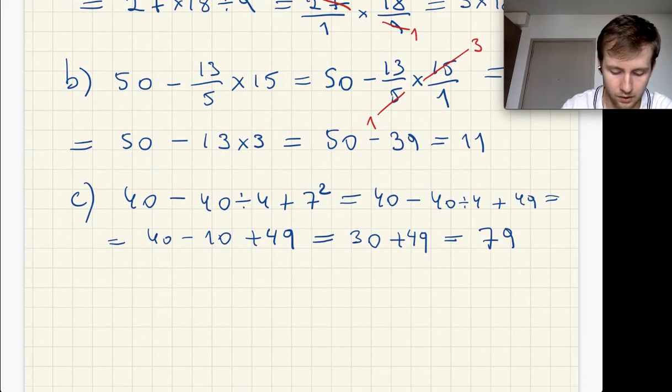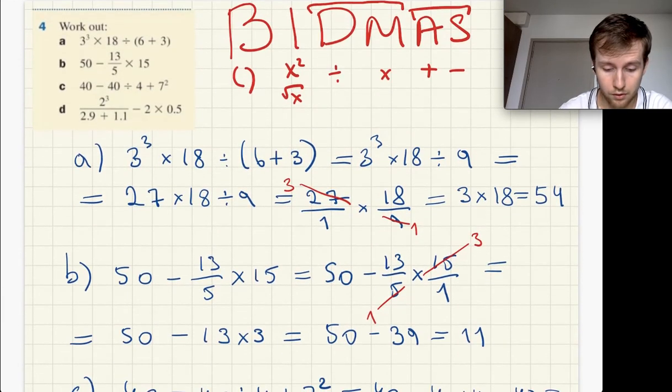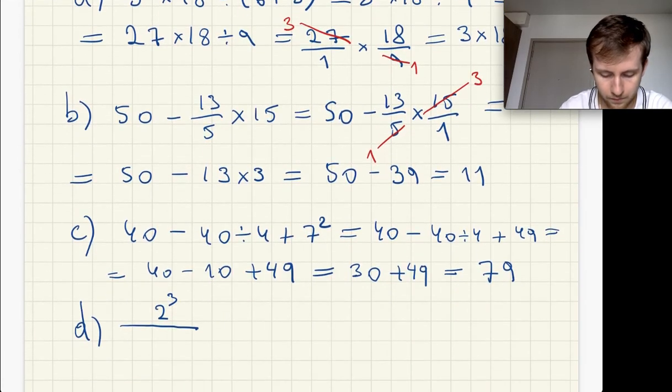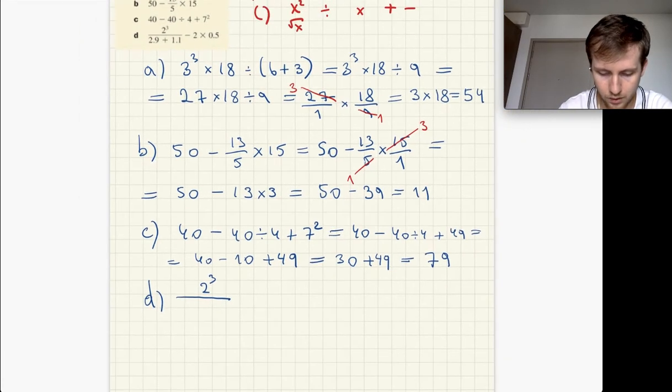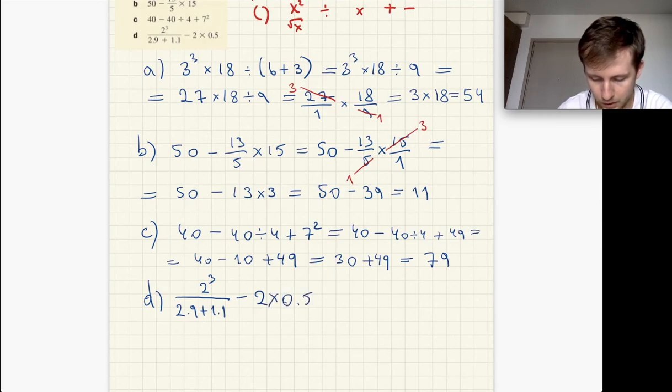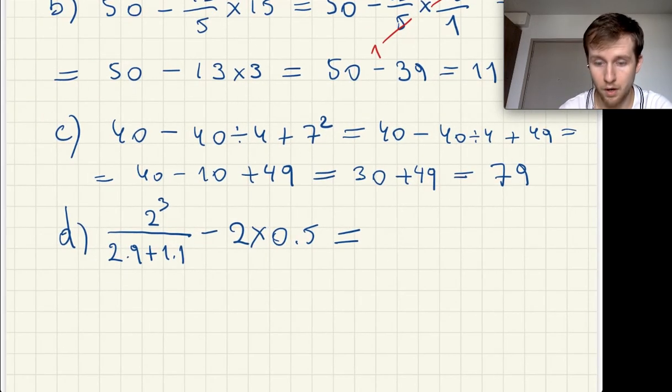Last one we have 2 to the power of 3 divided by, let me do it like this, yeah, 2.9 plus 1.1 minus 2 times 0.5. Okay, first we do power.